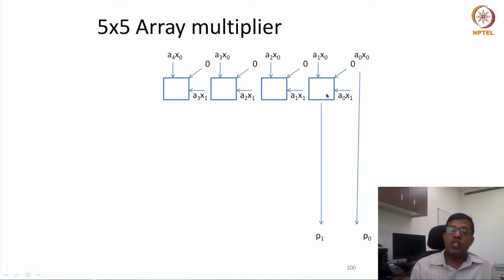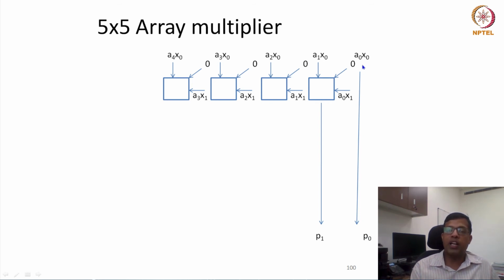So we are using these 4 full adders. This is a full adder, this is one operand, this is the second operand, and carry is 0 here. We all know that whenever we add in this first stage, x0 a0 will always form the first bit of the product. So there is no doubt about that.